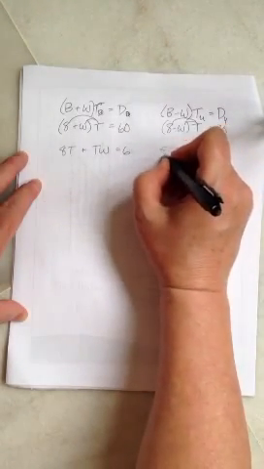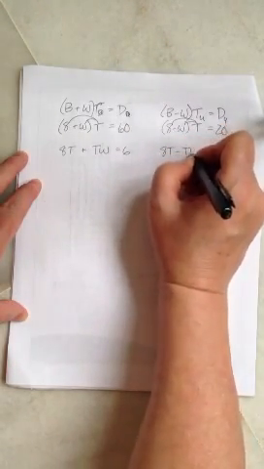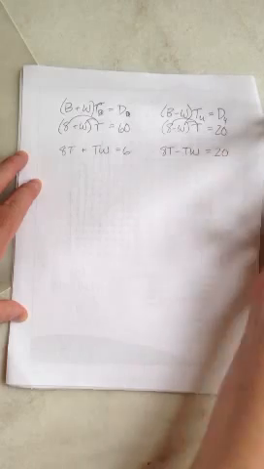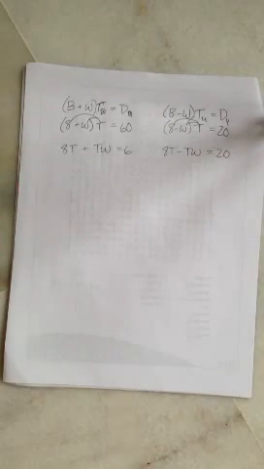And 8T minus TW equals 20. All right, so now we have 2 equations that are distributed, and we need to solve them as a system, right? We want to find a solution for T and W that satisfy both.